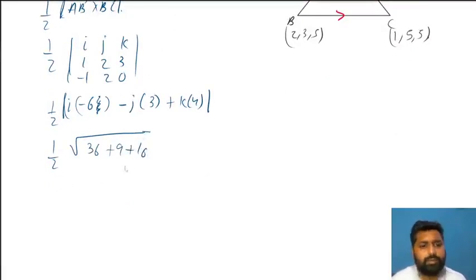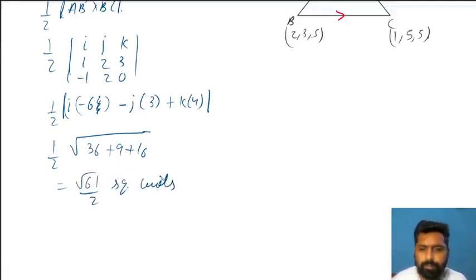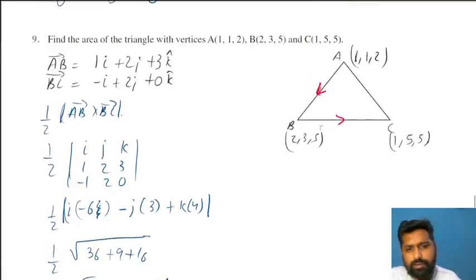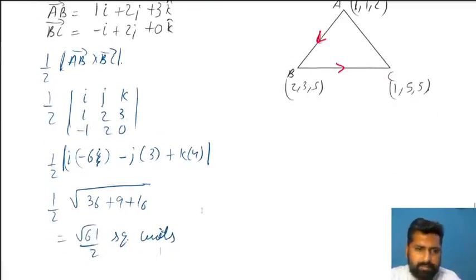So 36, 45, 61, so it is coming root 61 by 2 square units. That's pretty much how to calculate it. This is a very lengthy question because they asked you to calculate first the vectors and then do the cross product to find the exact area. But still, if you are fast enough, you can do this quickly.